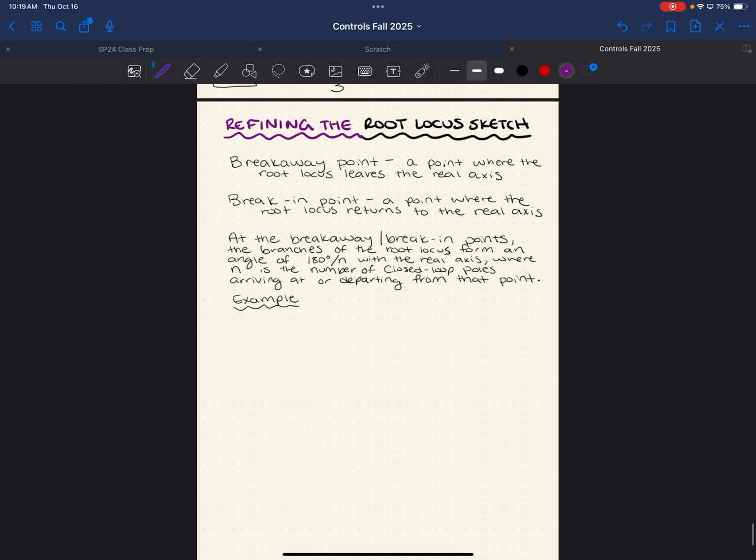So breakaway point, a point where the root locus leaves the real axis. Break-in point, a point where the root locus returns to the real axis. It turns out that the rule for this refinement is that at the breakaway or break-in points, the branches of the root locus form an angle of 180 degrees over n with the real axis, where n is the number of closed loop poles arriving at or departing from that point.